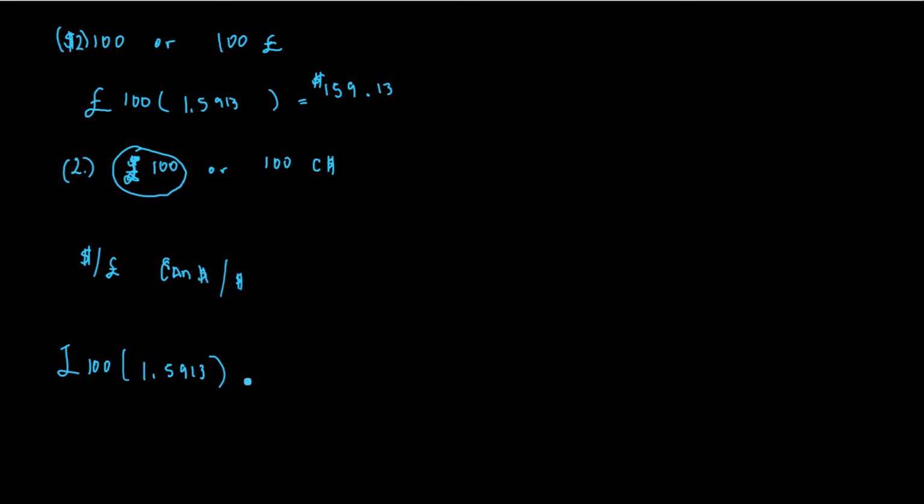Then we need to multiply it by the Canadian dollar rate, 0.9900, which ends up giving us 1.5754 Canadian dollars to pounds.